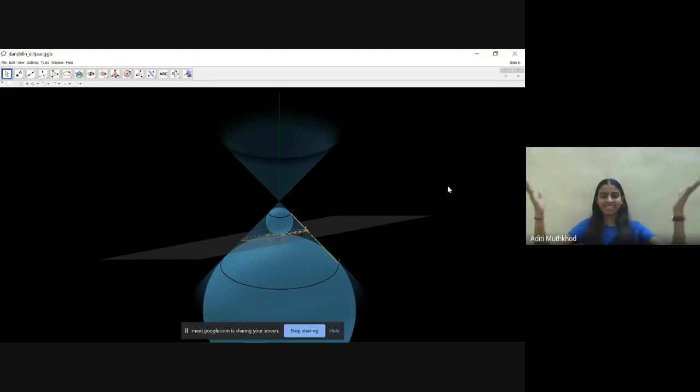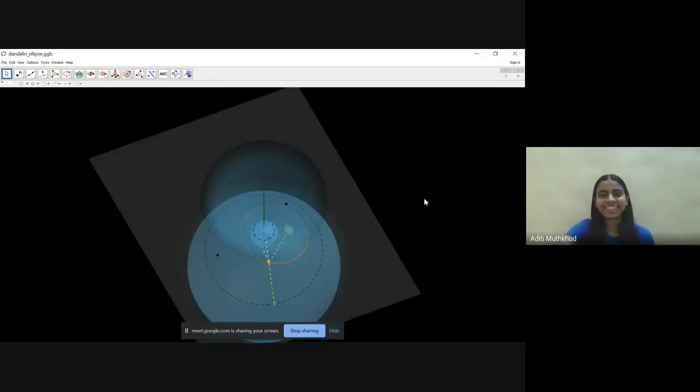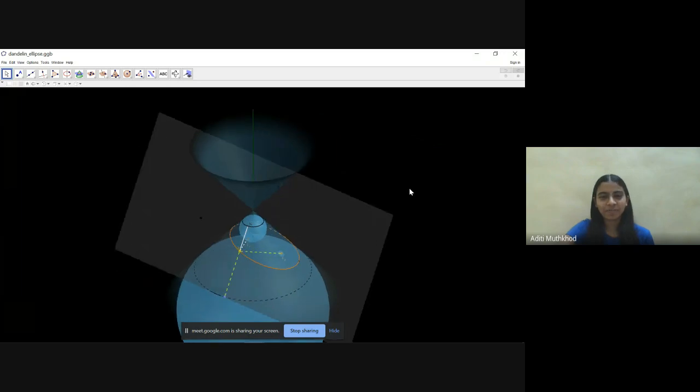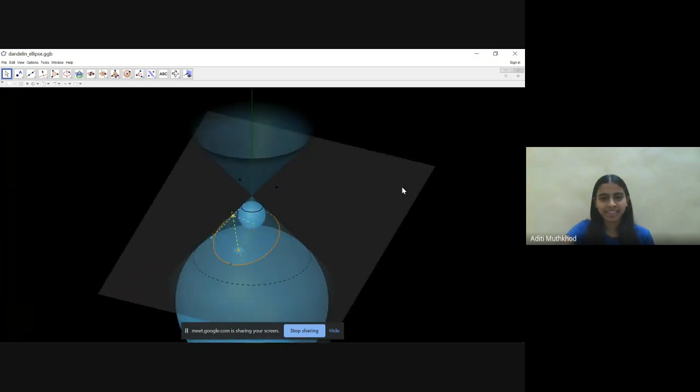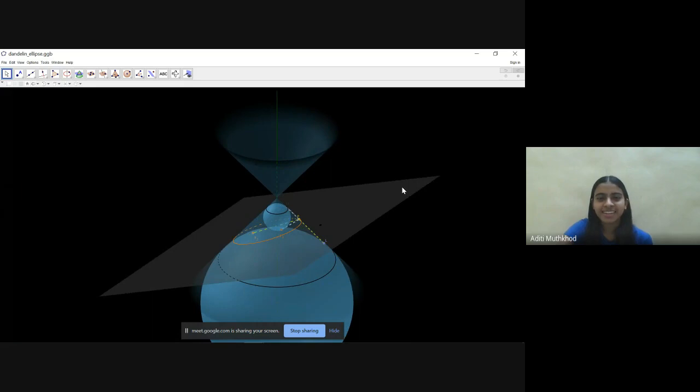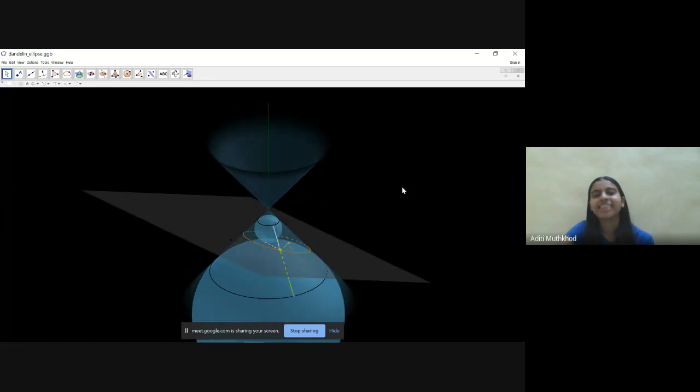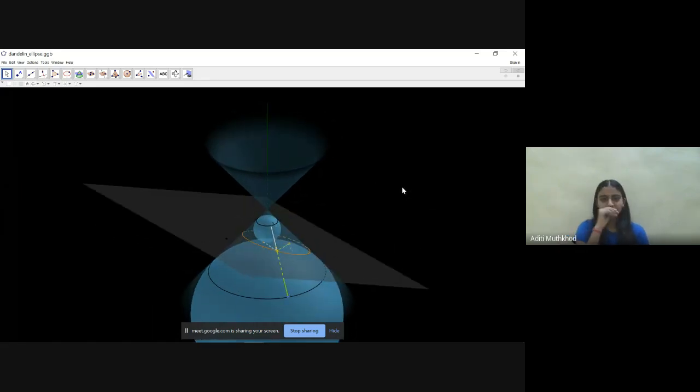How do you like this? Okay, so why does slicing a cone give us an ellipse? Can someone who hasn't seen this before try to answer?